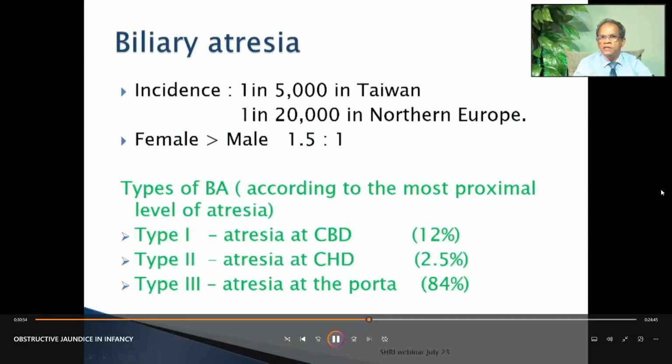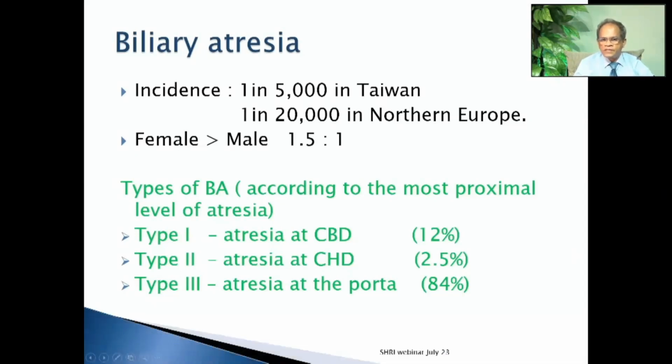So that becomes a correctable biliary atresia, the small 12% or so-called correctable biliary atresia, which was the name given earlier. Now you don't differentiate it like that. But type 1 atresia has a good prognosis. It can be corrected by a hepaticoenterostomy, but unfortunately it is a minority.